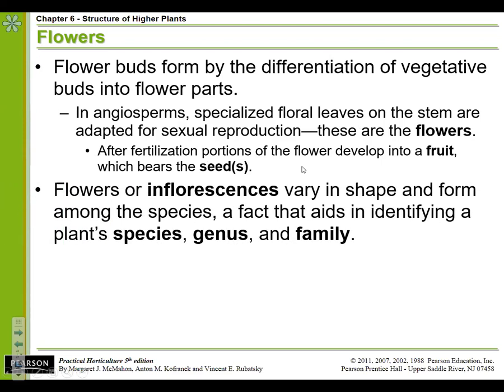So the flowers and the inflorescences, which are just clusters of flowers, can vary in shape and form, even amongst a species. Different varieties of the species have different shapes, sizes, and colors of flowers. And this can help in identifying the plant species, genus, and family.